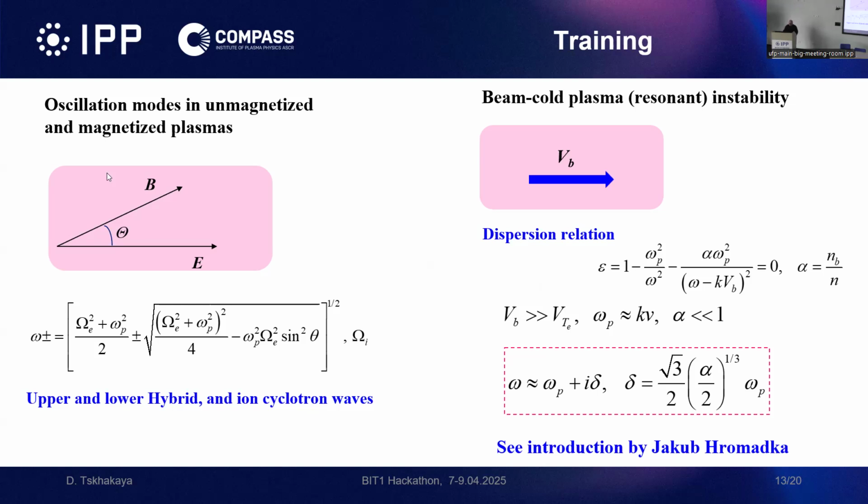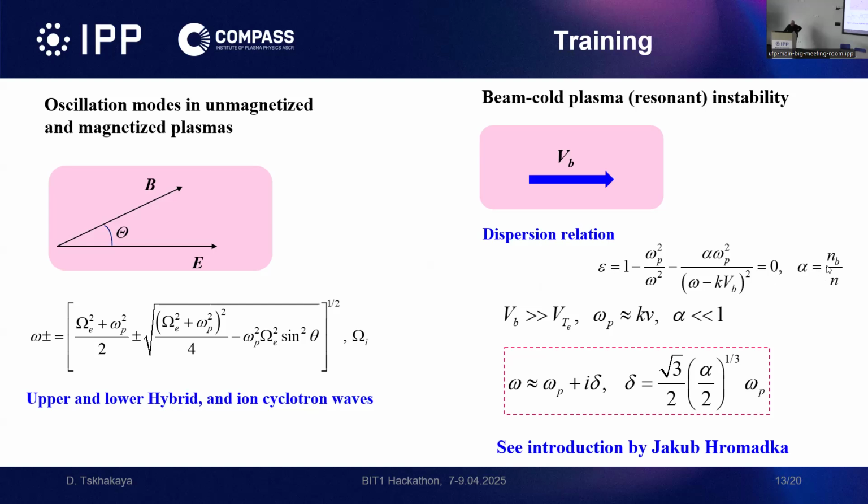So we have also prepared cases for instability modeling. One of them is a plasma beam instability. We have plasma here, and a small fraction of, in this case, electrons having some beam velocity, cold electrons, and the corresponding dispersion relation is given here.